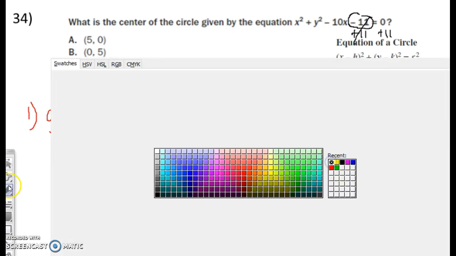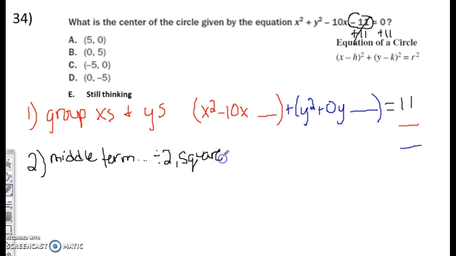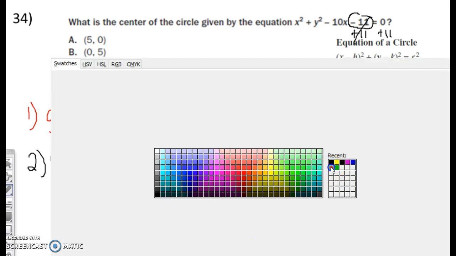Okay, so now we're going to look at how to actually complete the square. So our second step is we're going to take the middle term and we're going to divide it by 2 and square it. Alright, so let's put that into action.